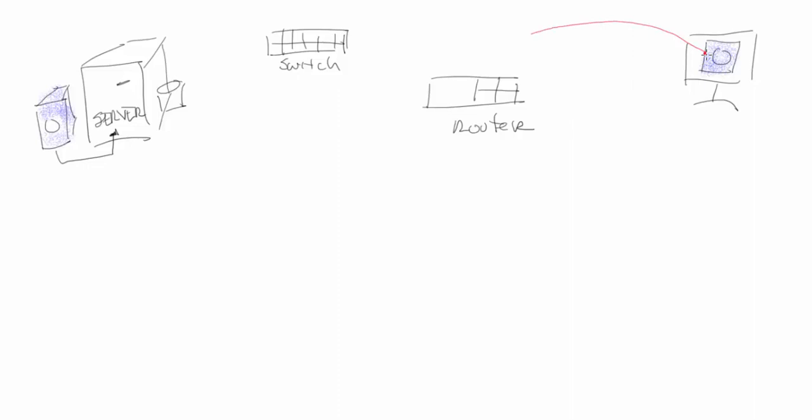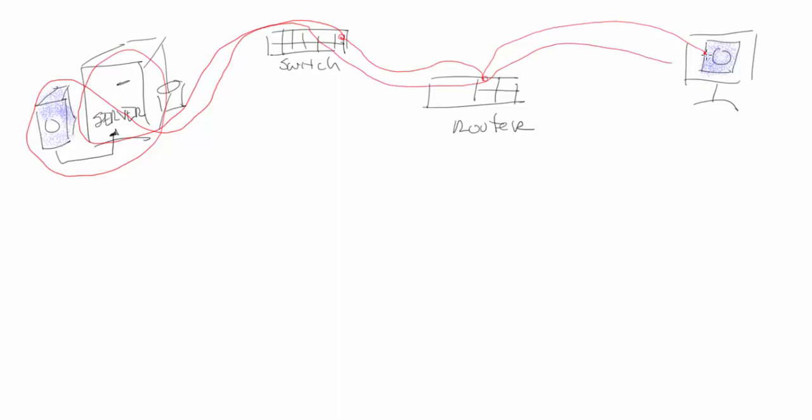Now, we may not travel through the router, but let's just, for this conversation, say that we do. We go through the switch, then we go down, and we actually get the application from the server and the storage, and then the transfer goes back through and comes back into the app, right?